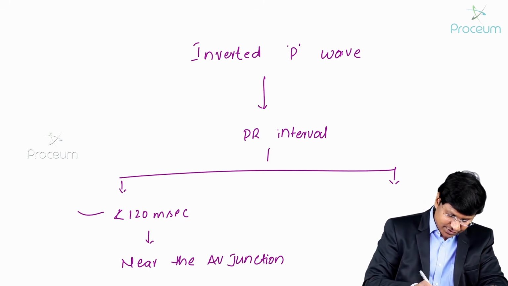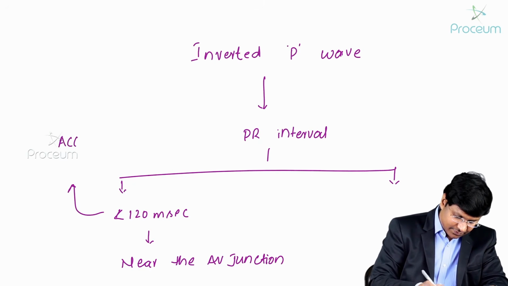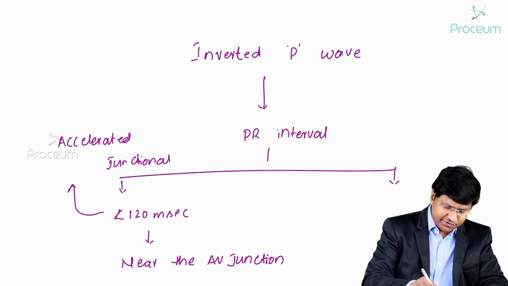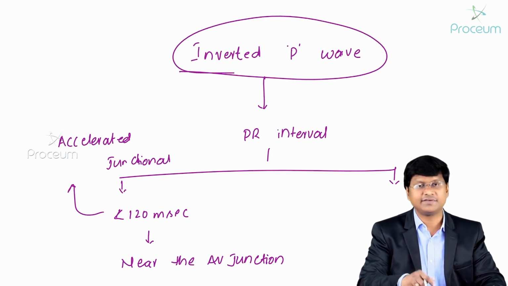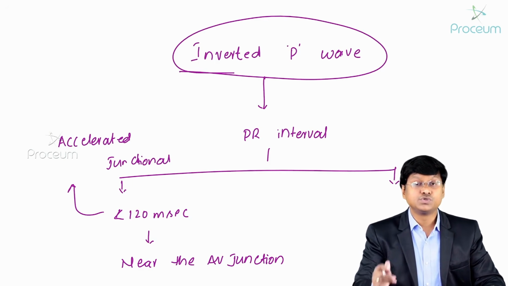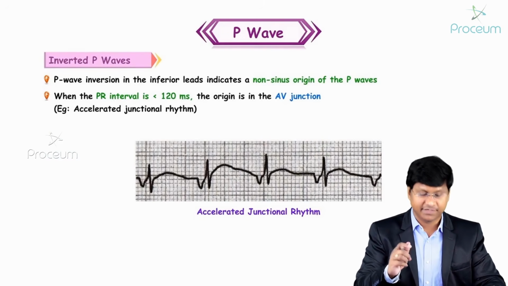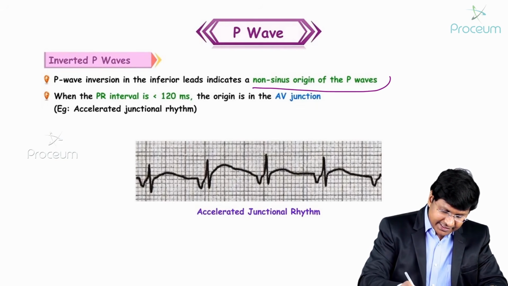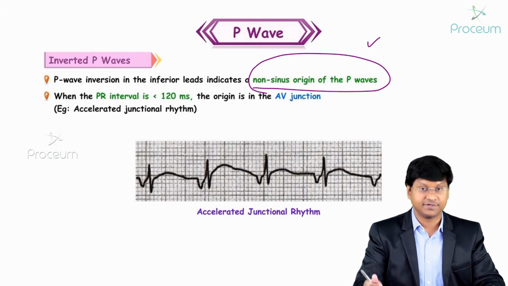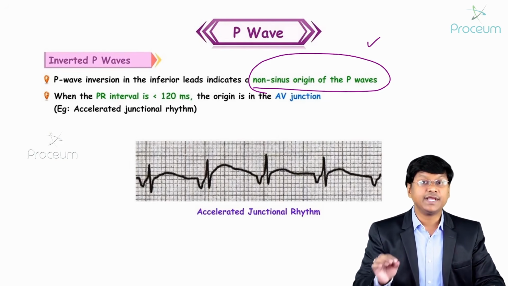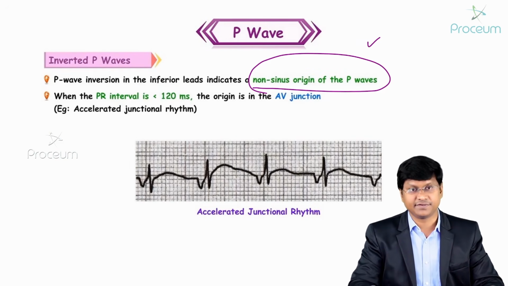So this we call accelerated junctional rhythm. Now first of all, you should understand why there will be an inverted P wave. When there is an inverted P wave, it tells you that there is a non-sinus origin of the P wave.